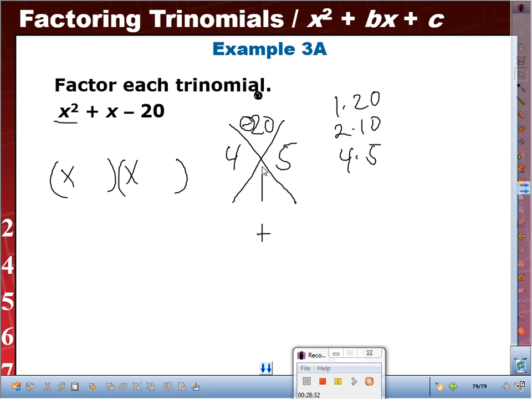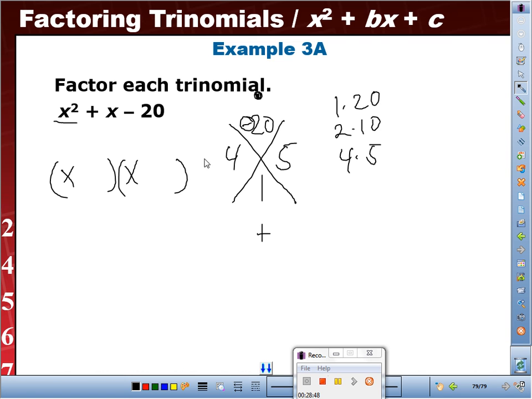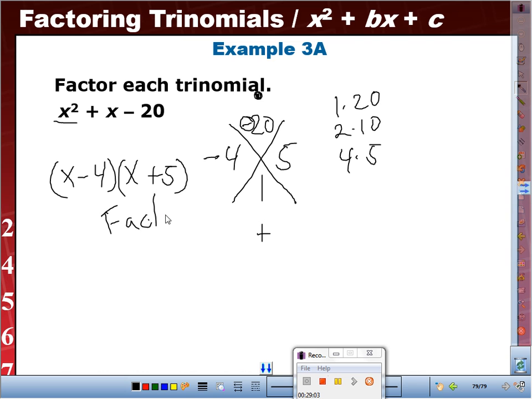What sign is this? Positive, so the 5 is a positive. Guess what? The 4 is the negative, so this is x minus 4, x plus 5. Why is that? Because negative 4 times 5, that's negative 20. Negative 4 plus 5 is 1. And those are my factors. Are we there so far?